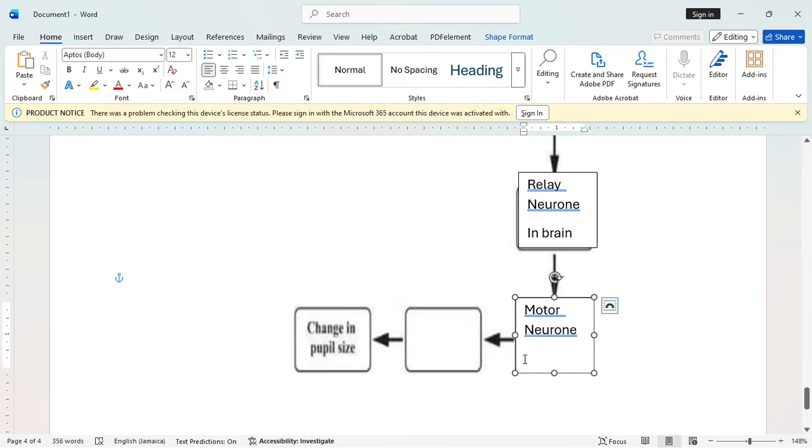Then of course we have the effector, which is the circular muscle of the iris that's going to control.